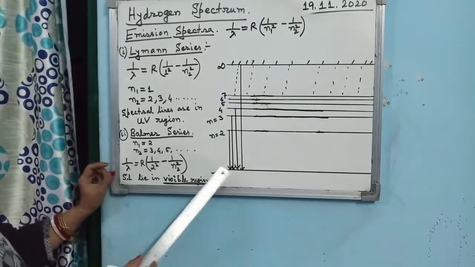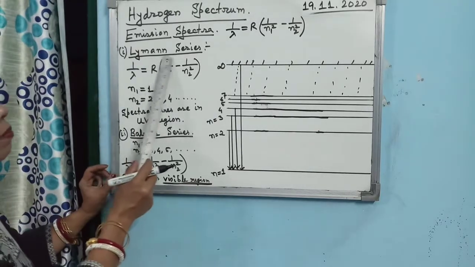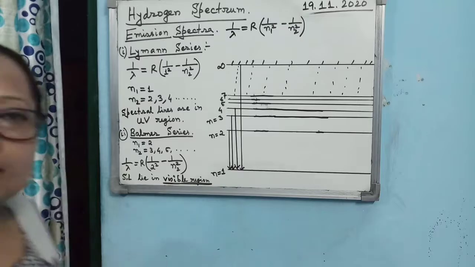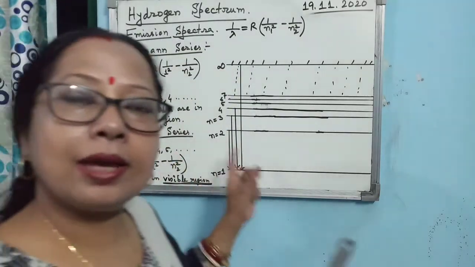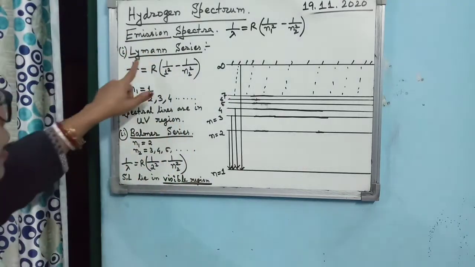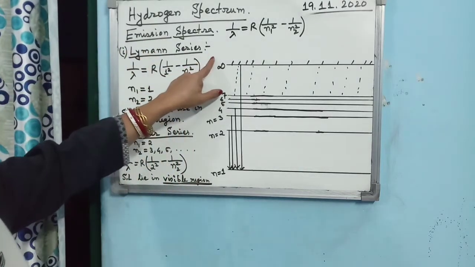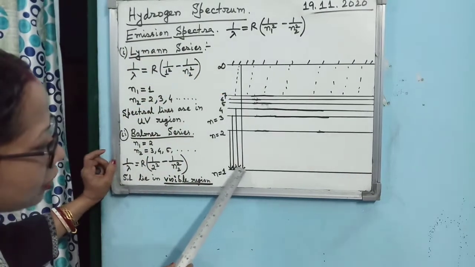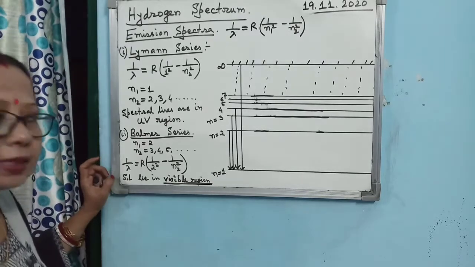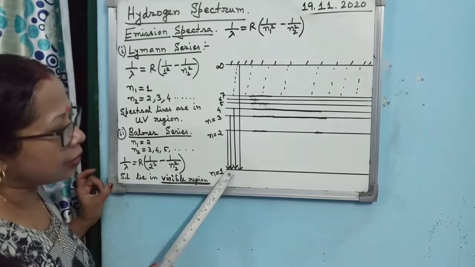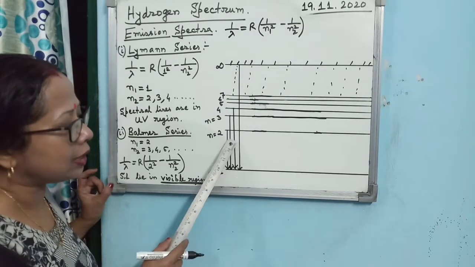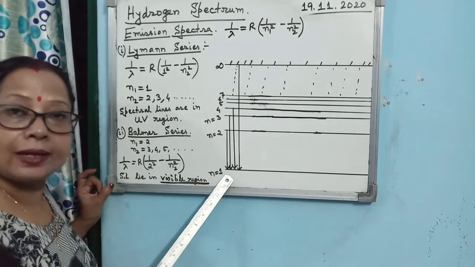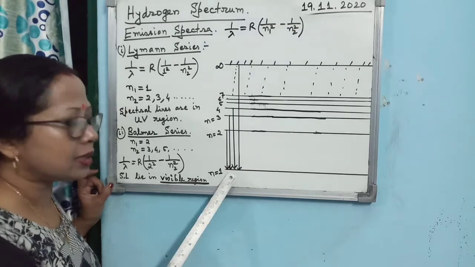They are known as the Lyman series, after the name of the physicist who first gave the concept. Clear? So these are the spectral lines for the Lyman series, and one thing you have to consider: all the electrons are jumping to the ground state. Their destination is the ground state.